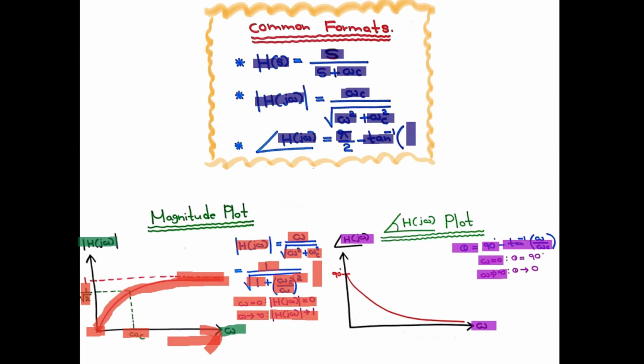First, when omega equals 0, the phase angle equals 90 because this term becomes 0. So we will mark that point as this. And when omega goes to infinity, through the formula for the phase angle, we can conclude that theta goes to 0, like this. So the plot is drawn like this.